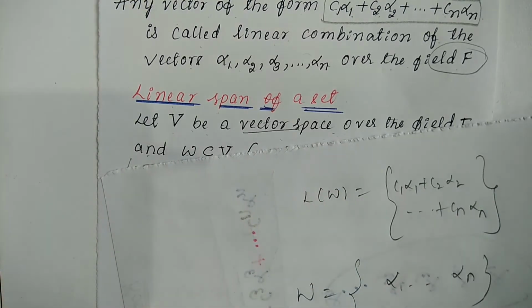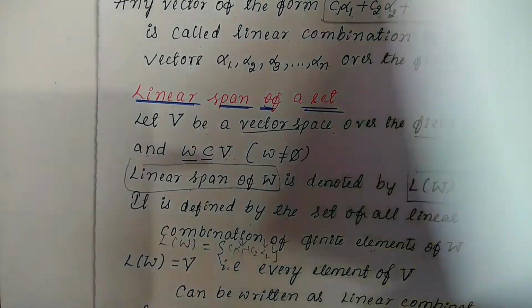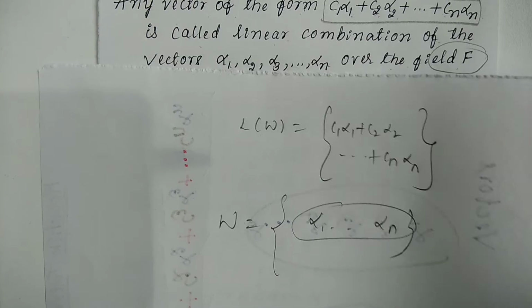L of W is nothing but the linear span of a set. W is nothing but the set of all linear combinations of finite elements of W. Here there are only n elements, therefore it is a finite set.